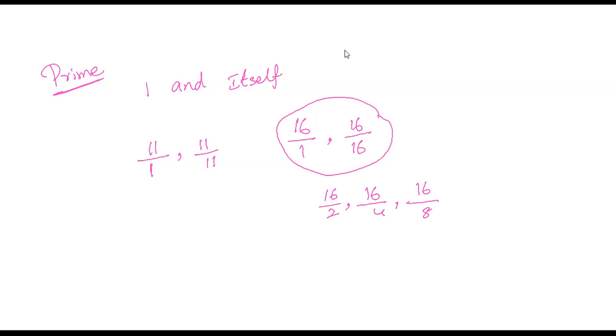A prime number has to be divisible by 1 and itself, the same number. Let's say another example, 17. 17 is divisible by 1 and 17 is divisible by 17. Other than these two numbers, we can't divide 17 by any number. If we divide, we'll end up getting a decimal answer.